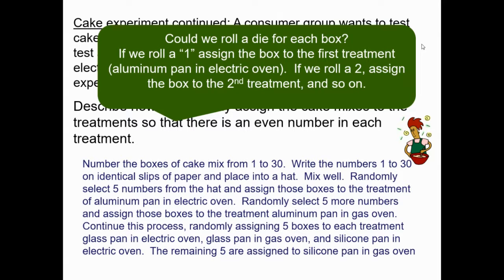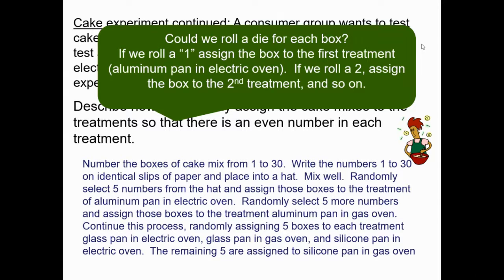Yeah. And then you would also have the problem that the boxes themselves need to be random. So if you just have them lined up 1 to 30, and then 1 goes here, 2 goes there, 3 goes, then the only thing that's random is the dice you're rolling, hopefully. So you gotta also randomize the boxes.